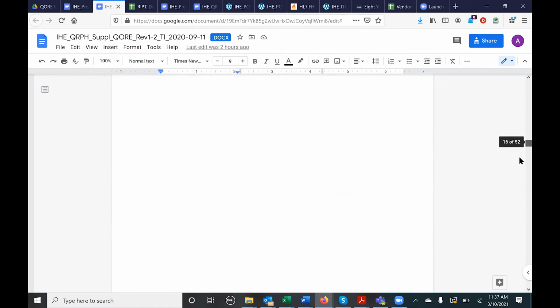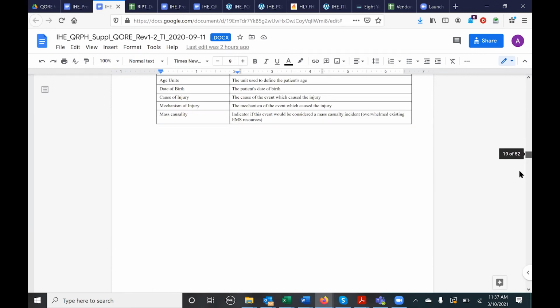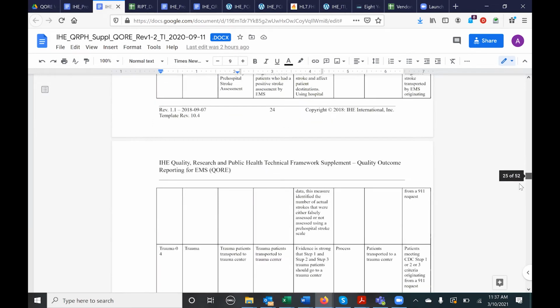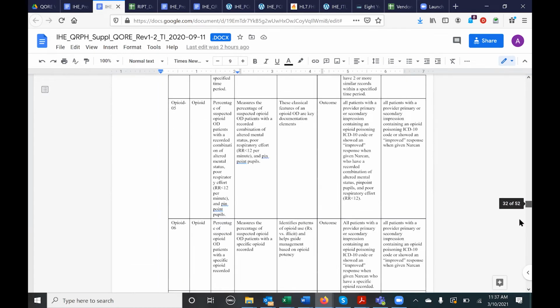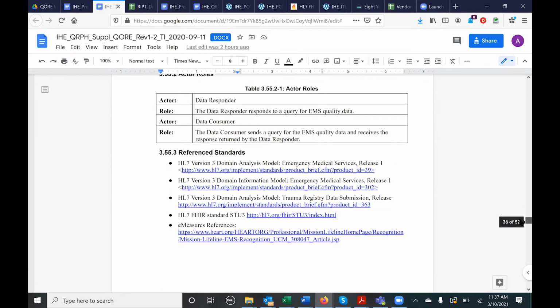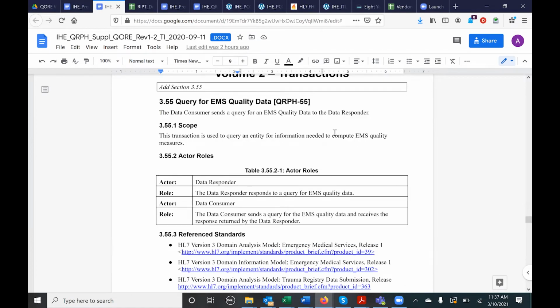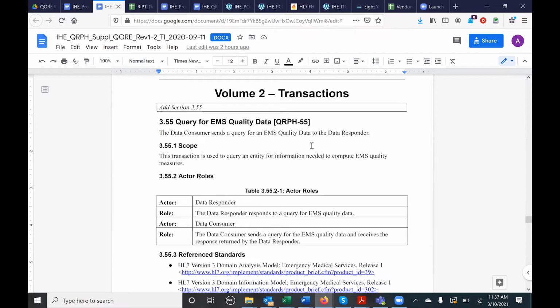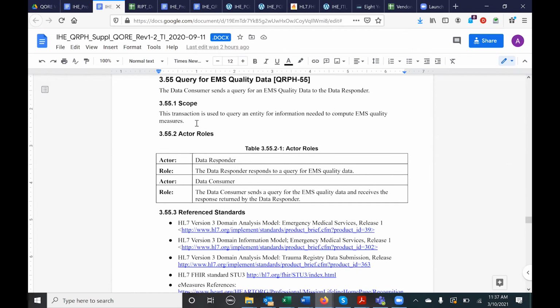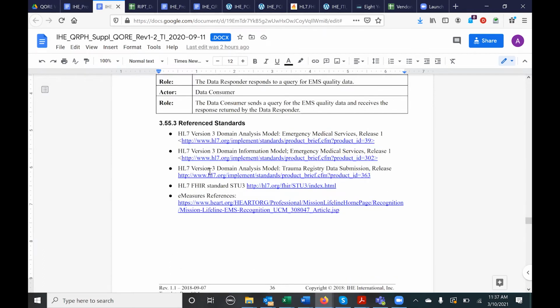Questions are encouraged. So what I was saying here is that coming back into the volume 2, sorry if I'm making you guys dizzy, just a lot of tables. In the volume 2, this is where we define the transactions that we are creating for this profile: the transaction definitions, scoping, definitions of the actors, and the standards that we were using to inform us on these transactions and will probably use during the transactions.